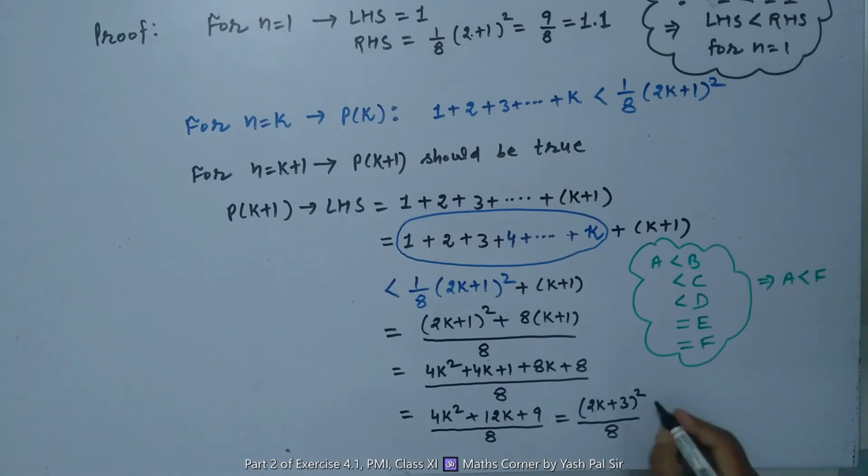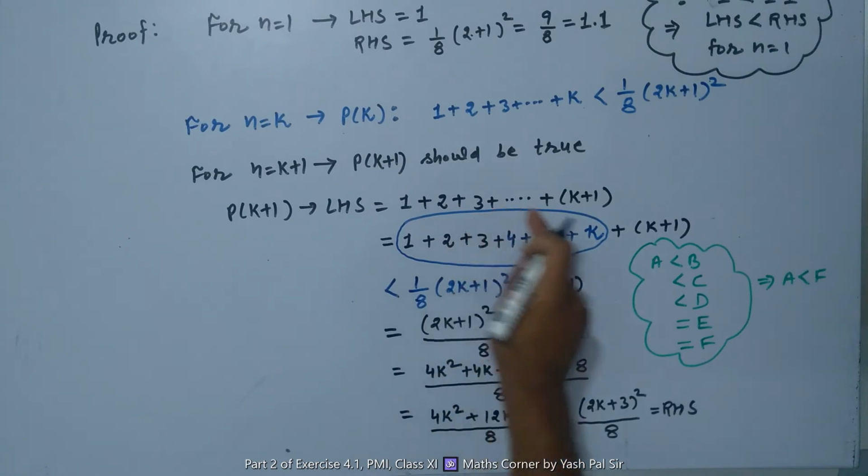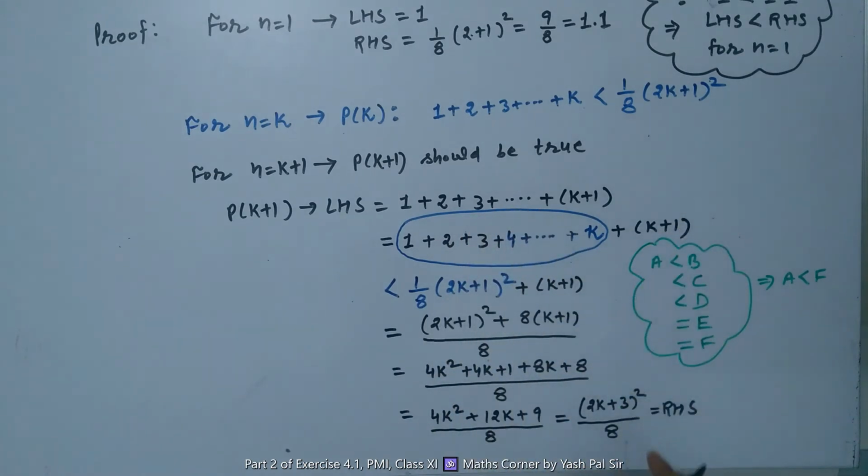Okay, so this is the right hand side. So what is the conclusion we have obtained? This was the left hand side and this was the right hand side. So we have proved left hand side is less than right hand side, and this was the requirement.